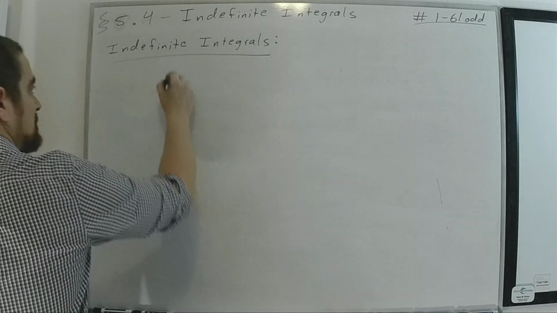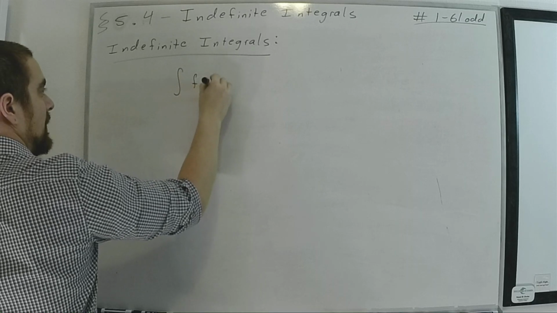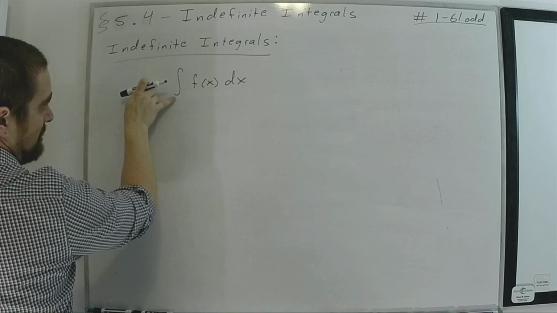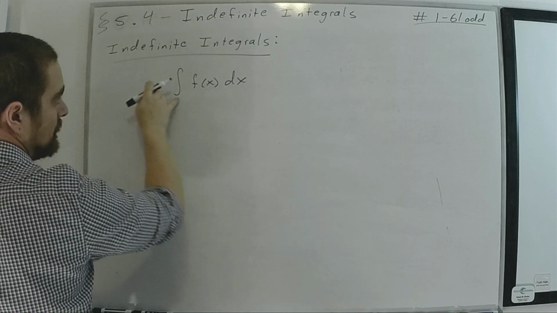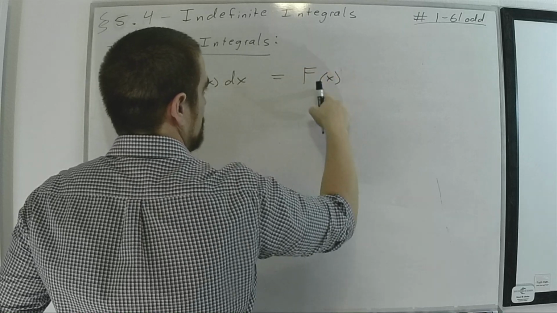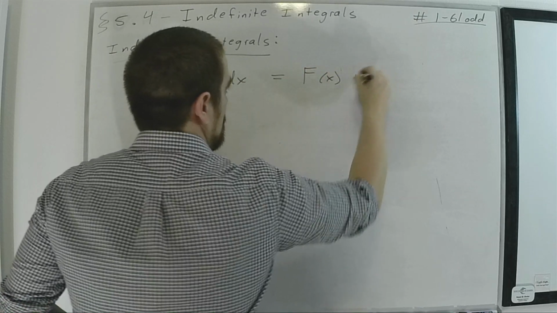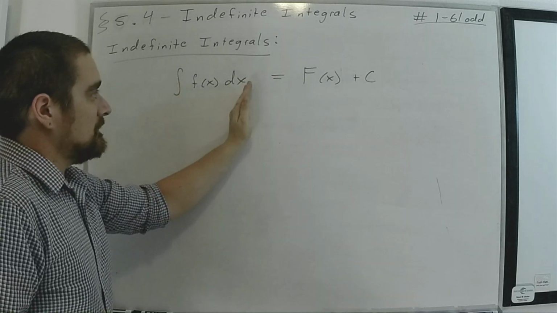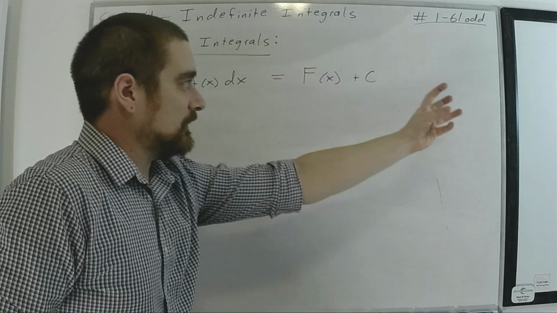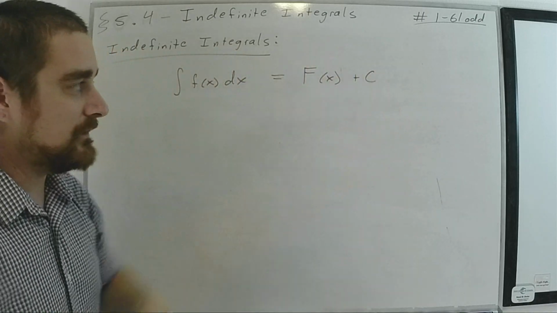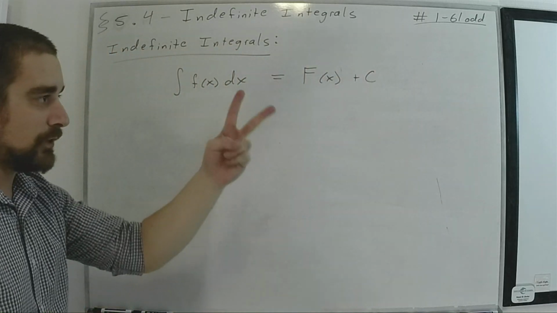But for indefinite integrals, when we look at a function and we want to integrate it, but we don't have any bounds to consider, then we should be finding the general antiderivative F of x and leaving that plus C, because we're not evaluating this at the upper limit and then at the lower limit and getting a positive C and a minus C when we do the subtraction, thanks to the fundamental theorem of calculus, part 2.